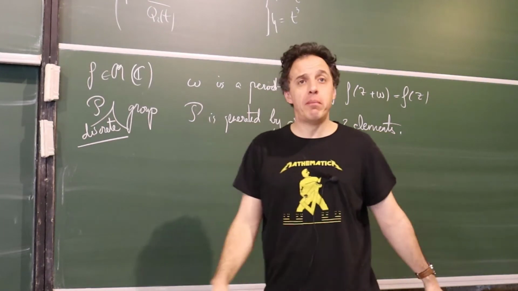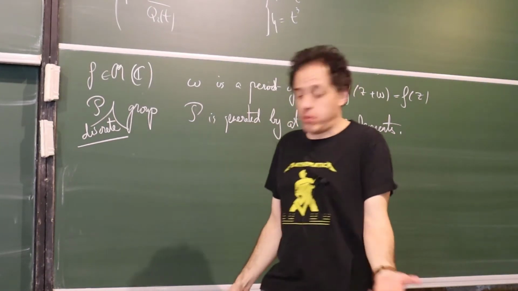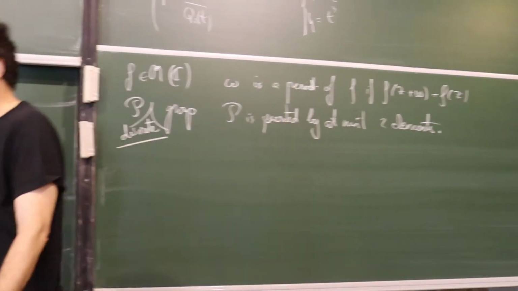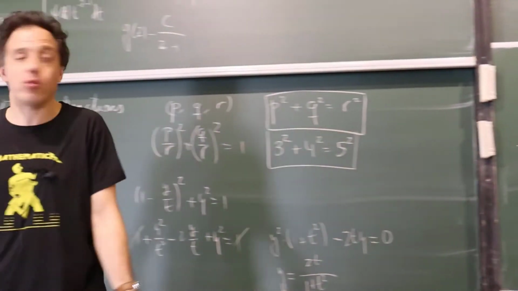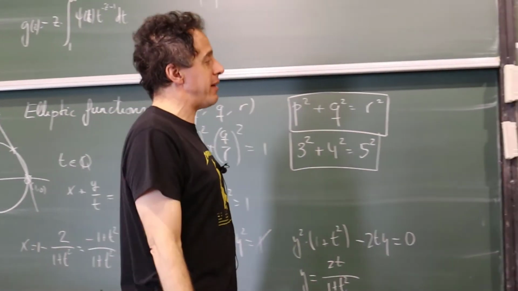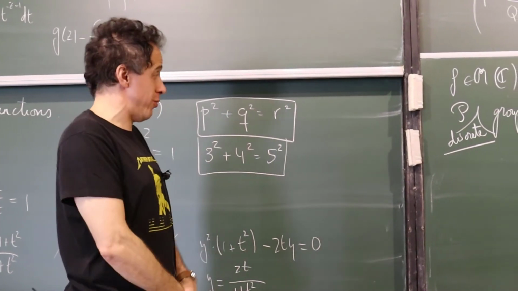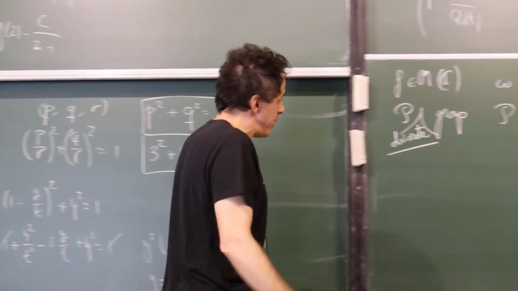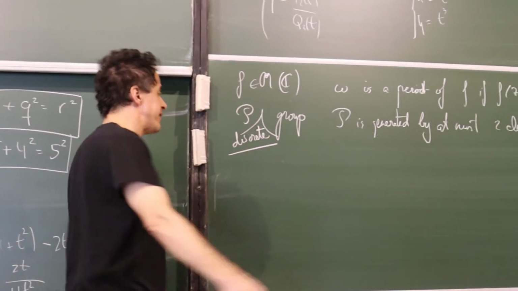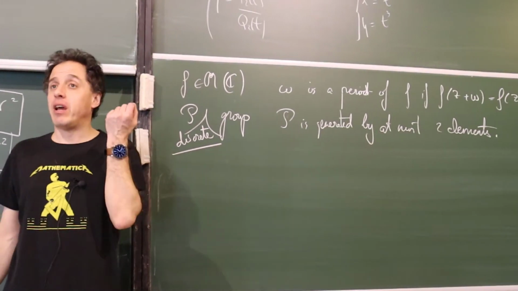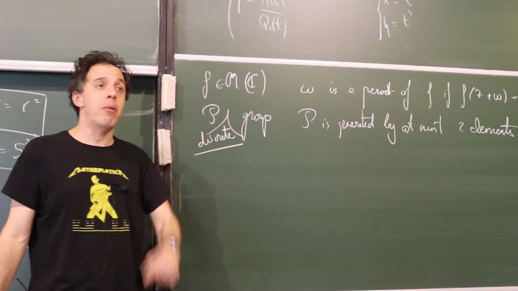When I say it's not empty, I mean that in the set of periods there is at least one non-zero period; 0 is, of course, always a period. So, as it is discrete, take a period of smallest modulus.